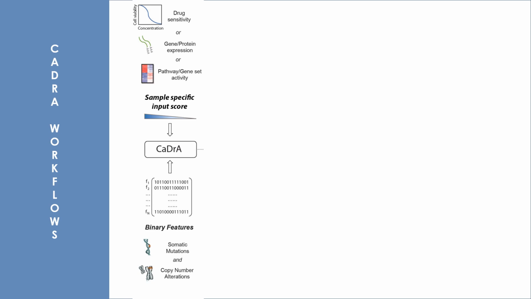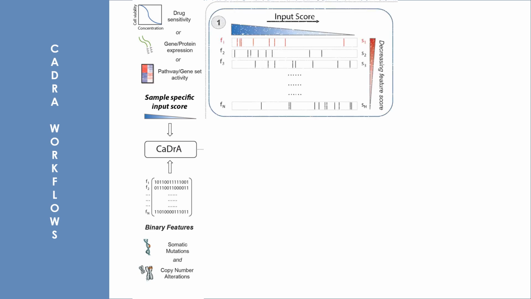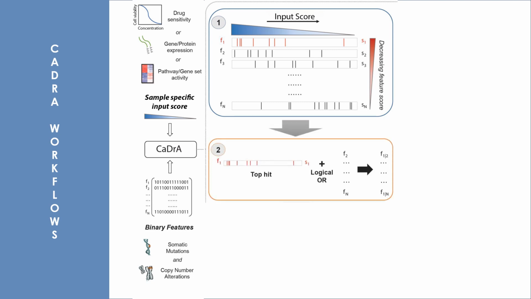First, CaDrA chooses a starting feature, which is either the feature having the best score based on a given scoring method or a user-specified start feature. In the next step, the union, logical OR, of this feature with each of the remaining features in the dataset is taken, yielding a meta-feature with the corresponding score.